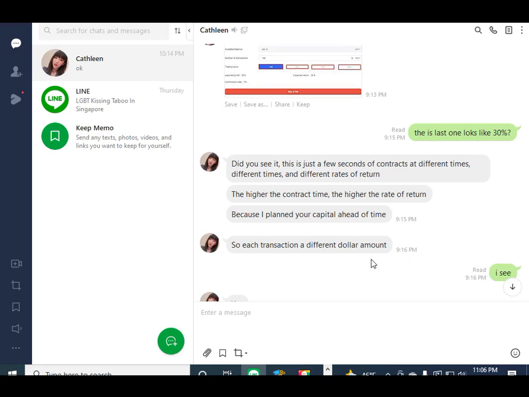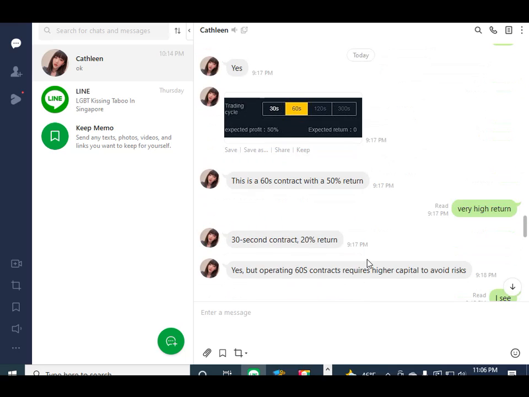So each transaction a different dollar amount. A 60s contract with a 50% return. Wow, that's a lot of money. So if you invest 100,000, you get 50,000 in return.